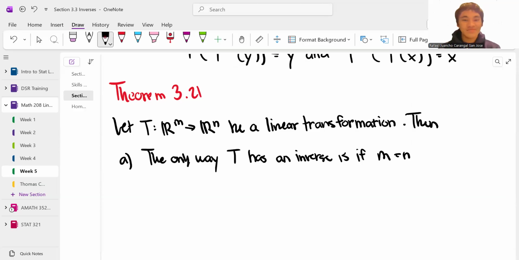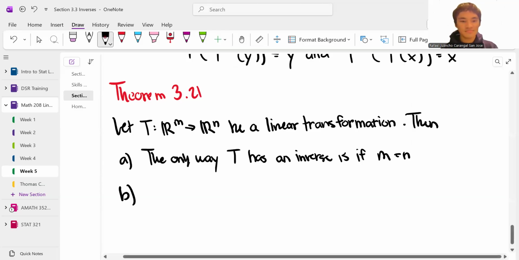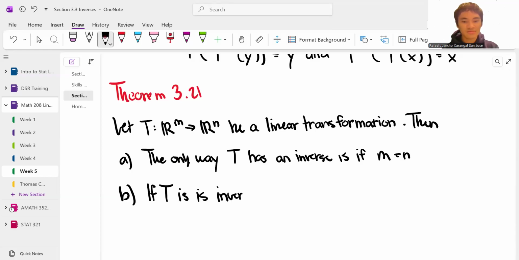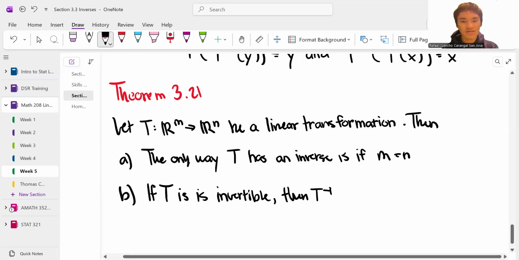If they have a different number of components, then we know there's no inverse for T. If we say that T is invertible, or has an inverse, then this T⁻¹ is also a linear transformation.